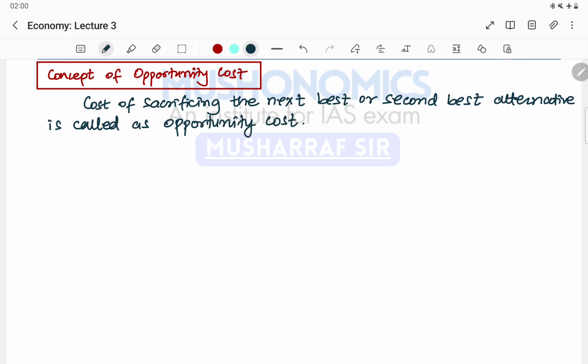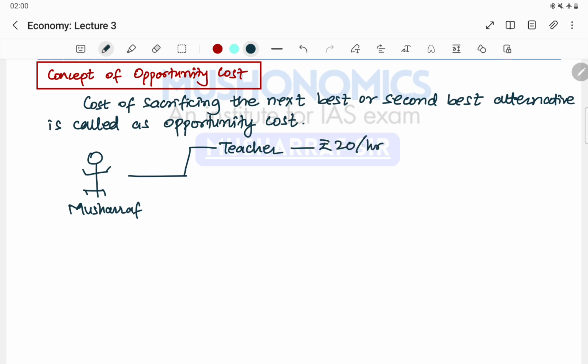What do we mean by this? Let's take an example. This is a person called Musharraf. He has three career opportunities. For example, if he works as a teacher, he will get 20 rupees per hour.